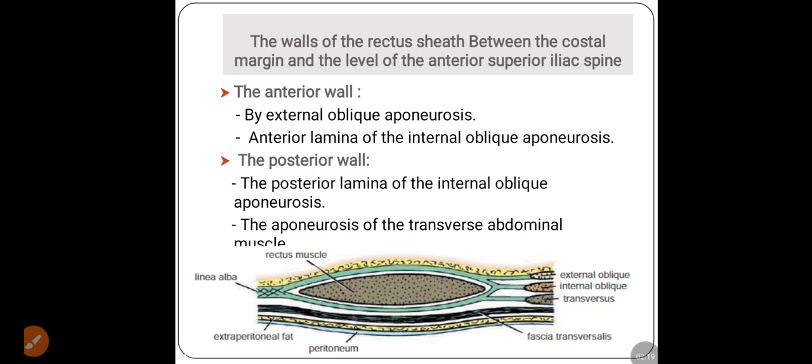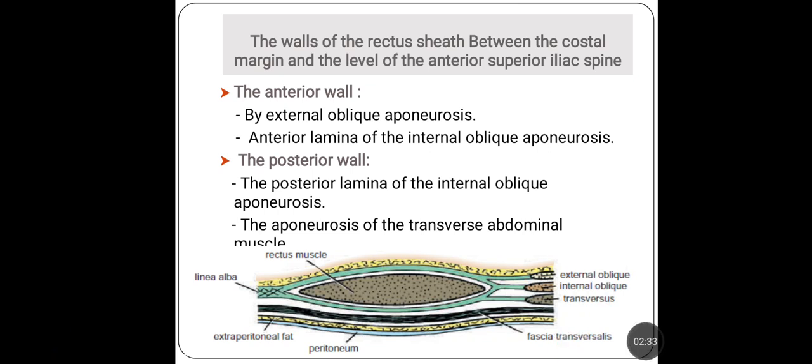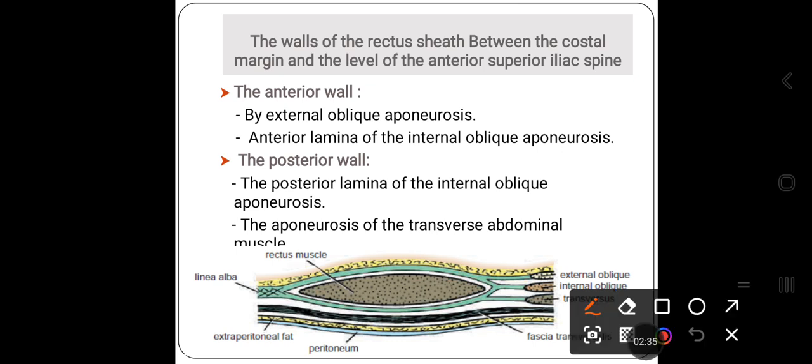The second level, between the costal margin and the level of the anterior superior iliac spine. Here, the rectus sheath has an anterior and a posterior wall.